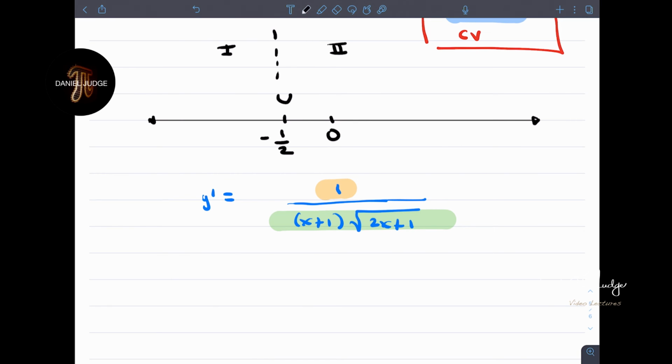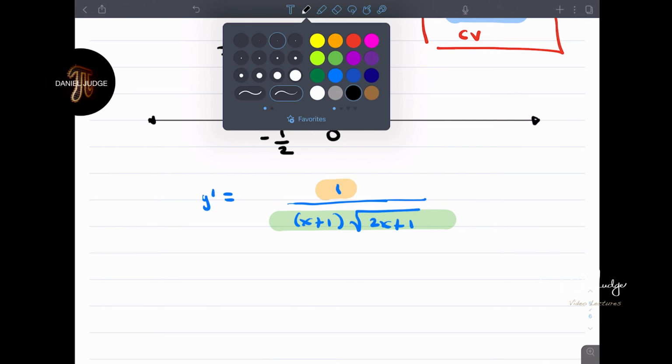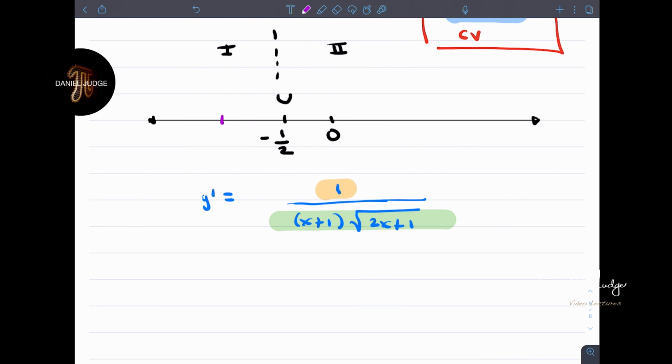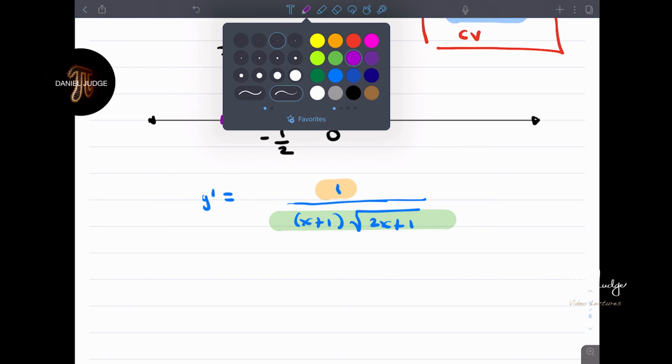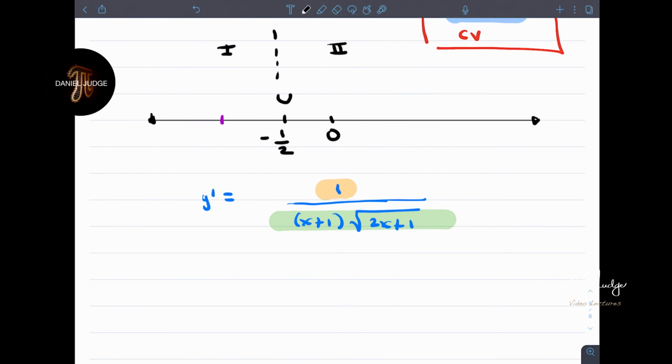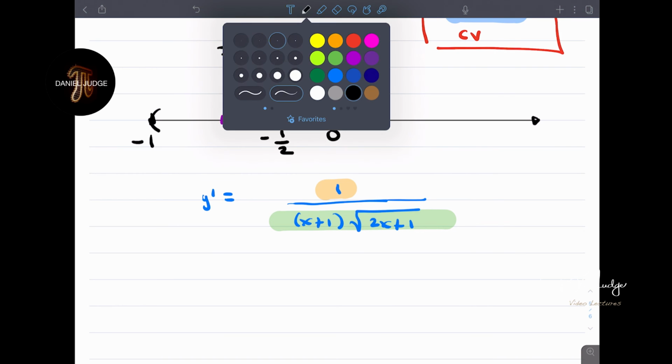So we need a test point. And we're going to have to remember that we're going to go all the way up to negative 1. Region 1 is technically from negative 1, not including negative 1, up to negative 1/2. So it's going to help us find this particular test point.